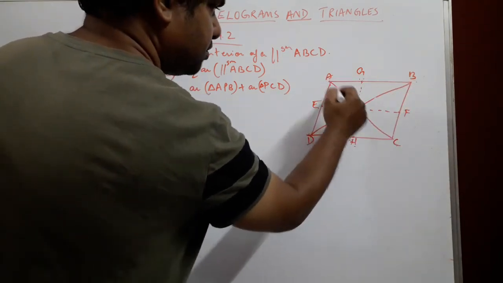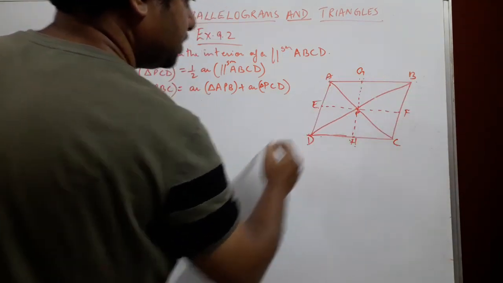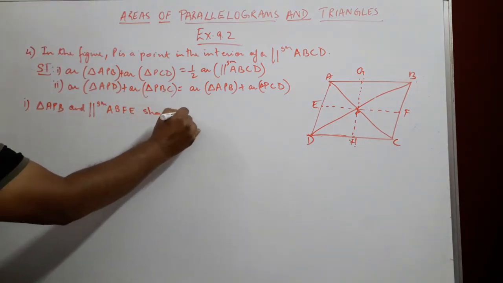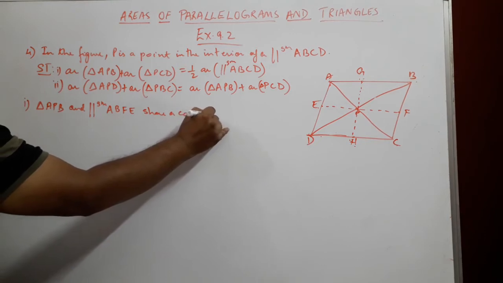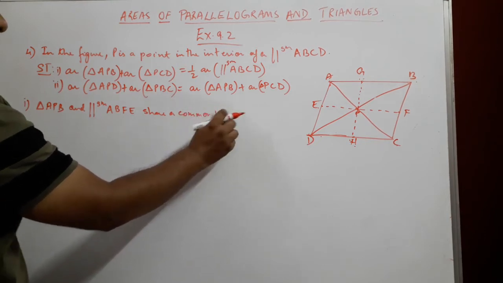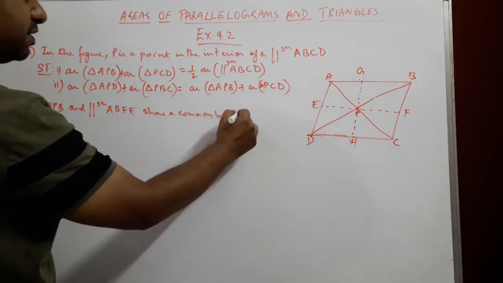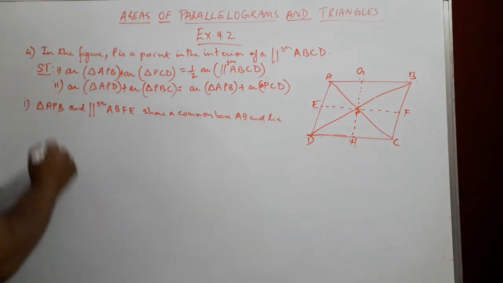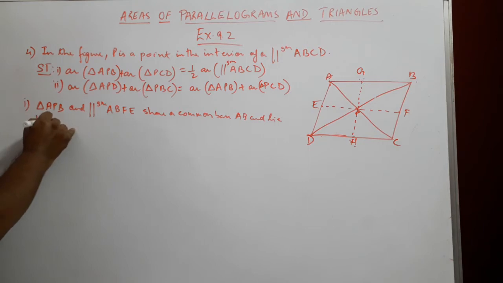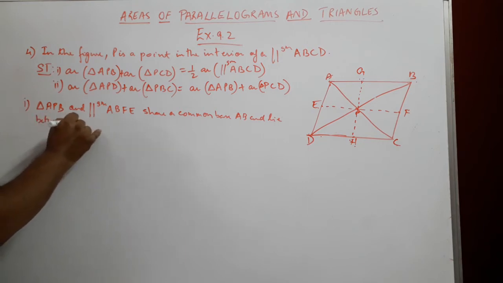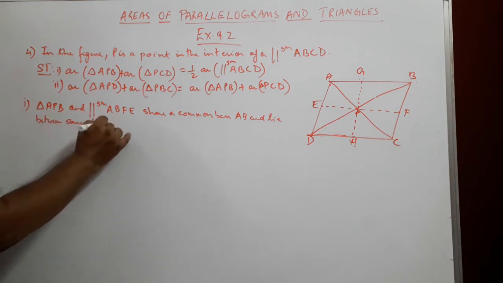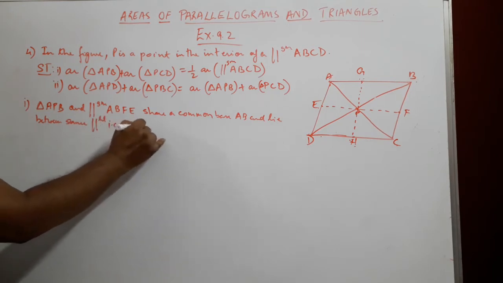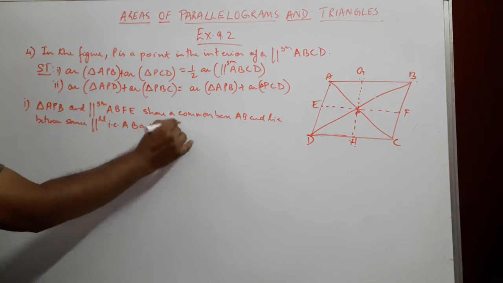We are talking about this triangle and this parallelogram. They share a common base, that is AB, and lie between the same parallels, that is AB and FE.